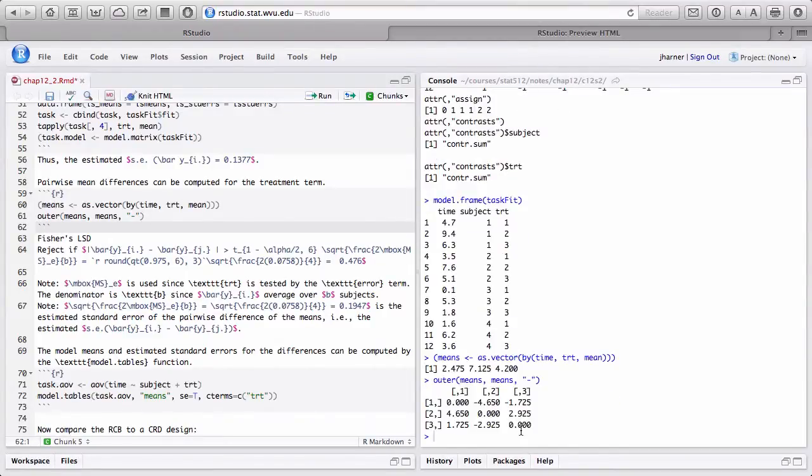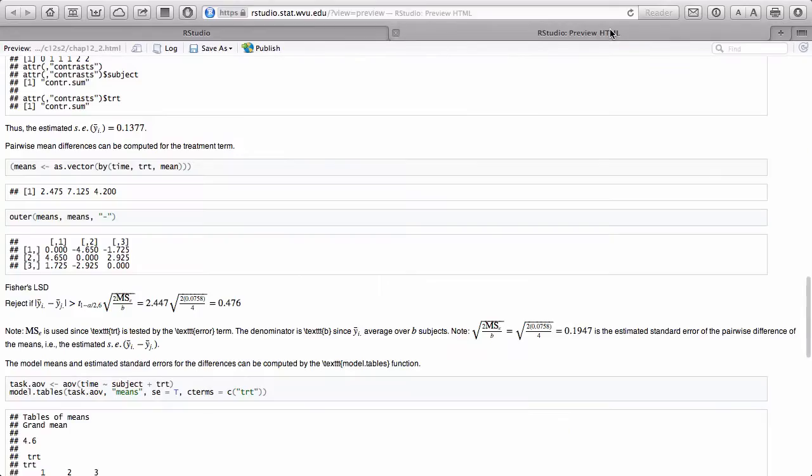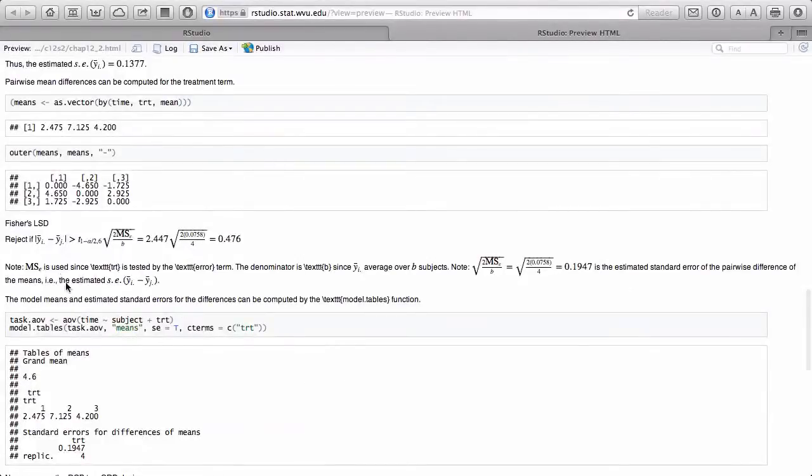And so if I wanted to do Fisher's LSD, I would look at those mean differences and compare them to the appropriate t times the standard error of the difference. And if I look at the output for Fisher's LSD, the difference is compared to the t-value. But what do you use for the error term?